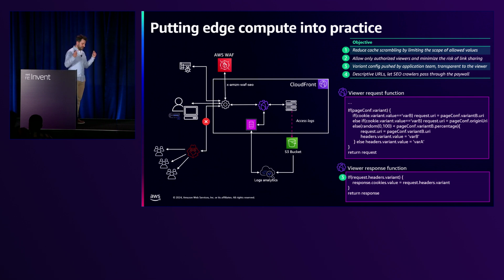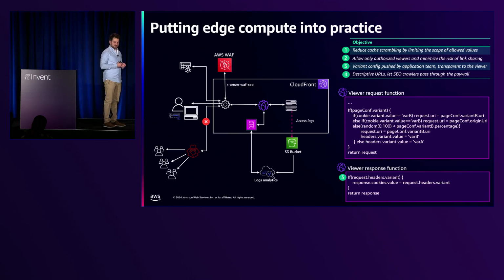And now if you're wondering, hey, how could the viewer response function know what the initial result of rolling the dice was, I'm just going to remind you that the viewer response event trigger also specifies the details of the request involved in that same transaction. So from the viewer response point of view, you can see the effects of running your viewer request function. And this is what we take advantage of.